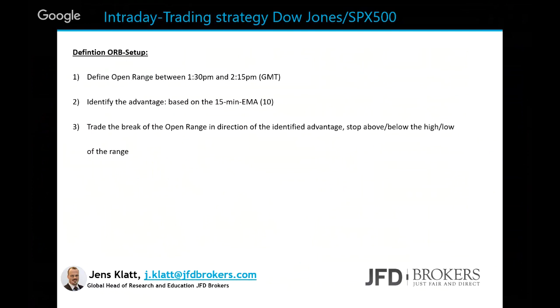By the way, you definitely need some further input here, for example on where to take profits. How you define your loss or risk is already given. You retrade the break of the open range in direction of the identified advantage, with a stop above, respectively below, the high or low of the range. Nevertheless, it's not saying where to take profits.